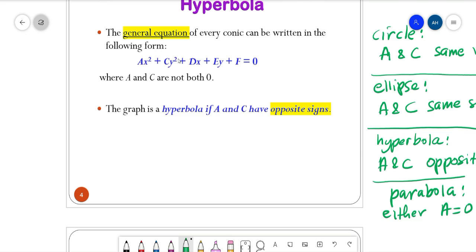Or maybe the component involving y square is missing. We have only a x square plus all these other components. That's also telling us that the equation represents a parabola. That is, either A equals 0 or C equals 0.